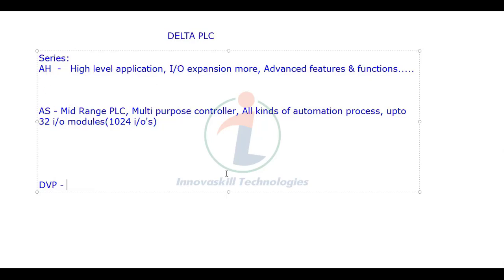Next is DVP series. DVP series will be mostly used for small applications. What is the advantage? It is the most cost-effective PLC, with high-speed operation.